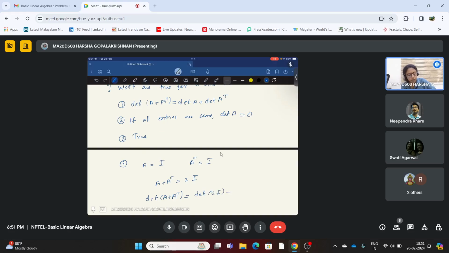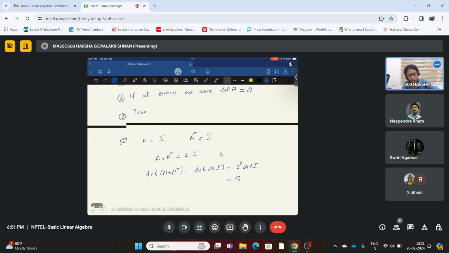What is the determinant of 2I? It is 2 raised to 3, because it is a 3 by 3 matrix. As I mentioned earlier, we have 3 rows, so we have to take out 2 three times. So 2 cube into the determinant of I, which is 8, since the determinant of I is 1.